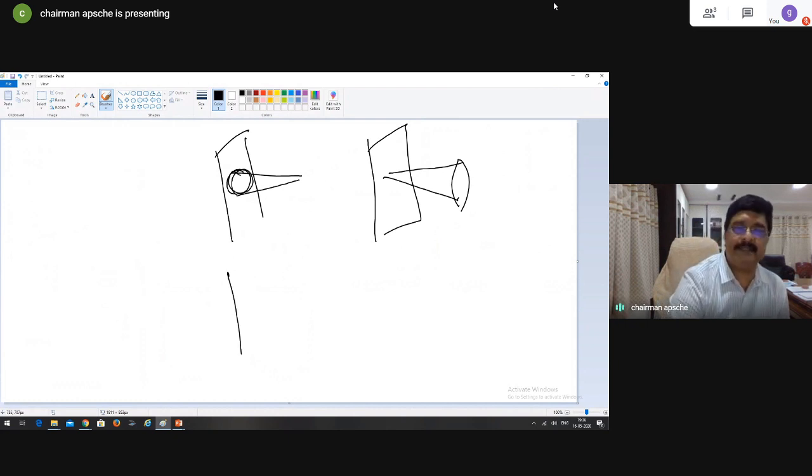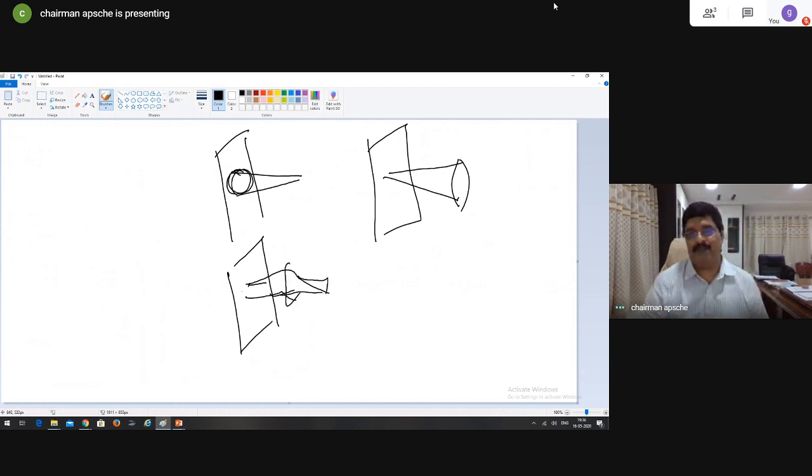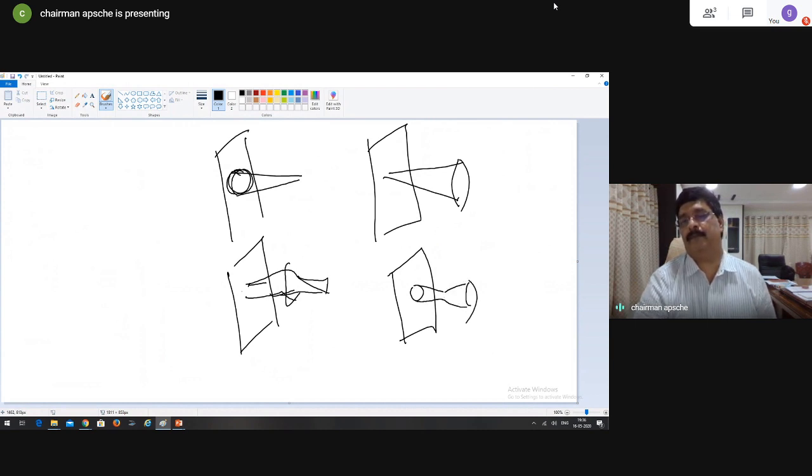And the third case he is talking about, I think I understood it properly. Okay. He is talking about maximum lateral surface at the center. And in the fourth one, he is talking about a fin with a minimum lateral surface at the center.